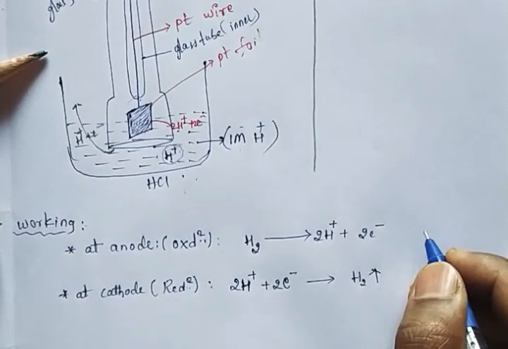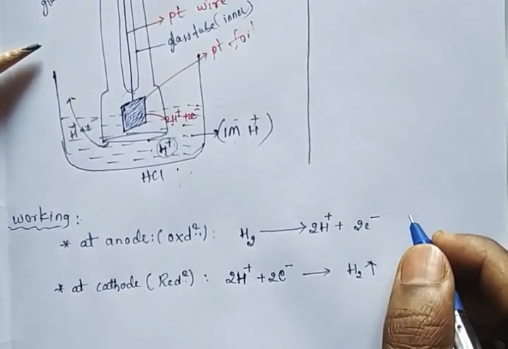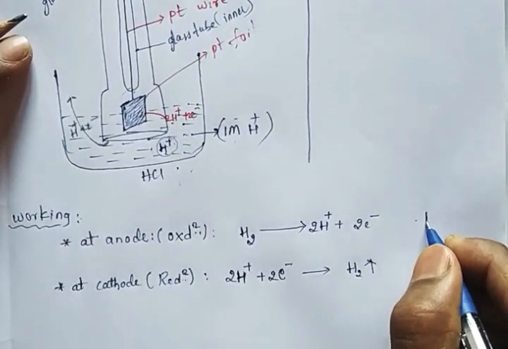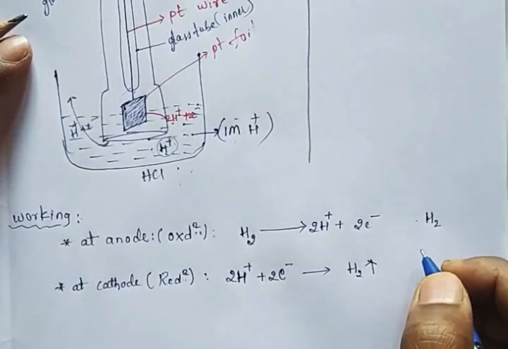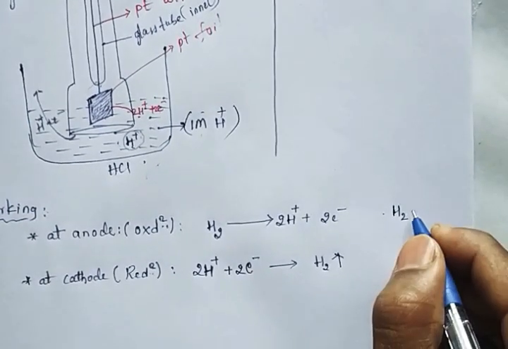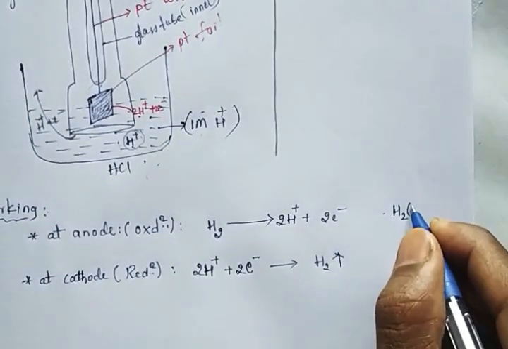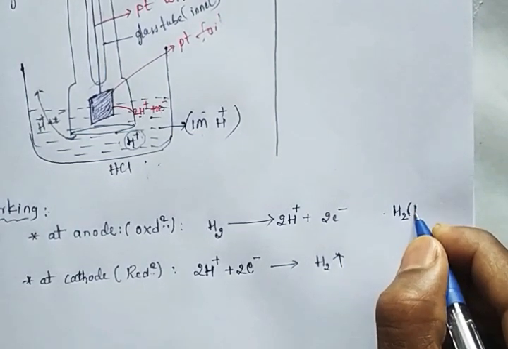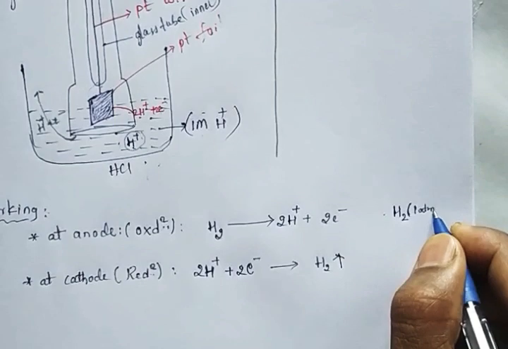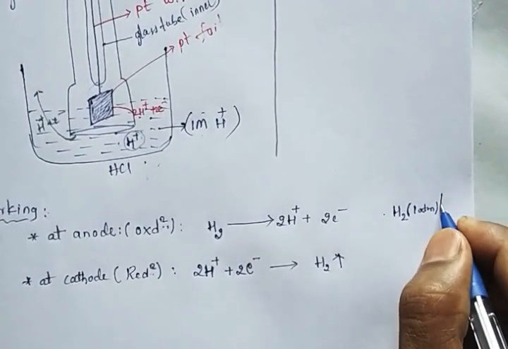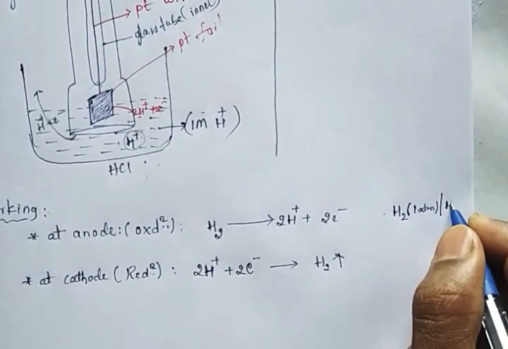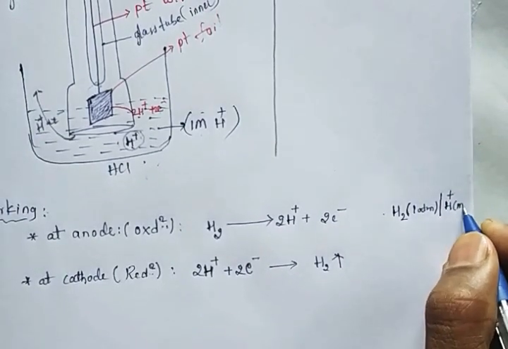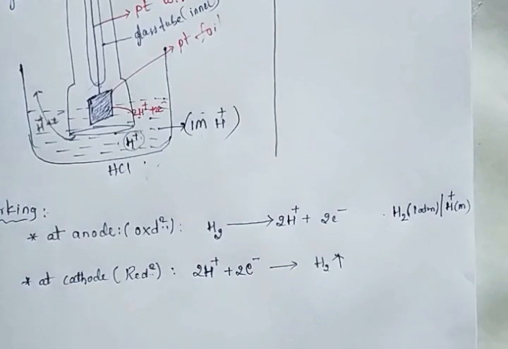So how we are going to represent, cell representations के बारे में आपको पता है. So this oxidation half is represented by H2. This is the gas. So what is the condition? Solution concentrations में hydrogen gas is passed at 1 bar or 1 atmosphere in bracket, bar or slash H+ ion, H+ concentration 1 molar, unit molar concentration है.